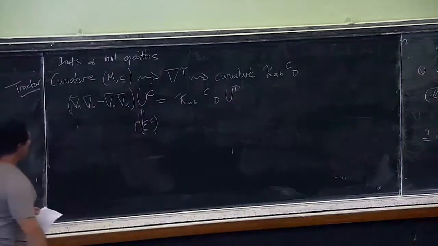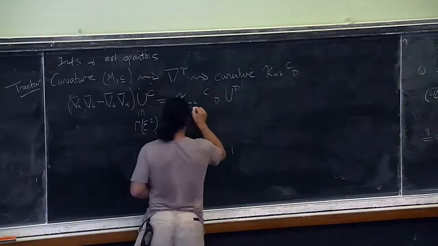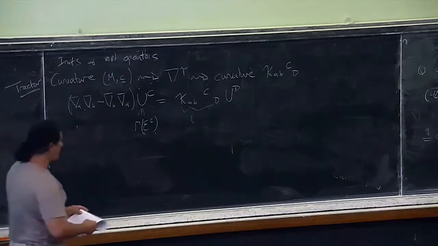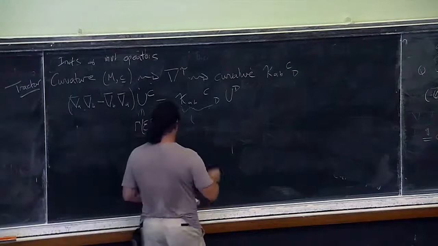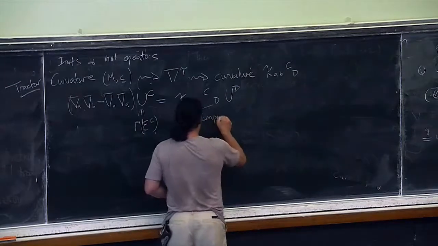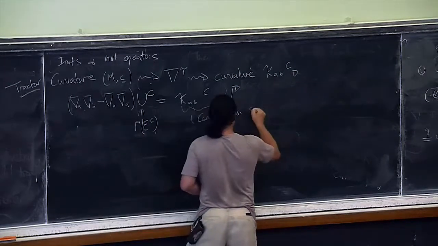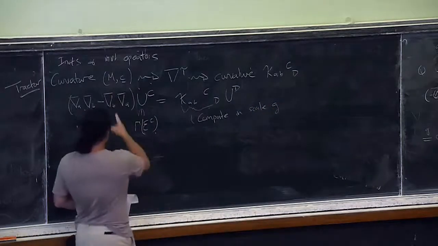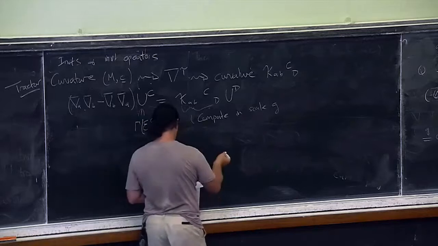So this gives me kappa, A, B, C, D, U, D. Okay, so what does this thing look like? Well, it's an easy exercise to compute that. So compute in a scale g. You just pick a metric from the conformal class to compute it, as is implicit here anyway.